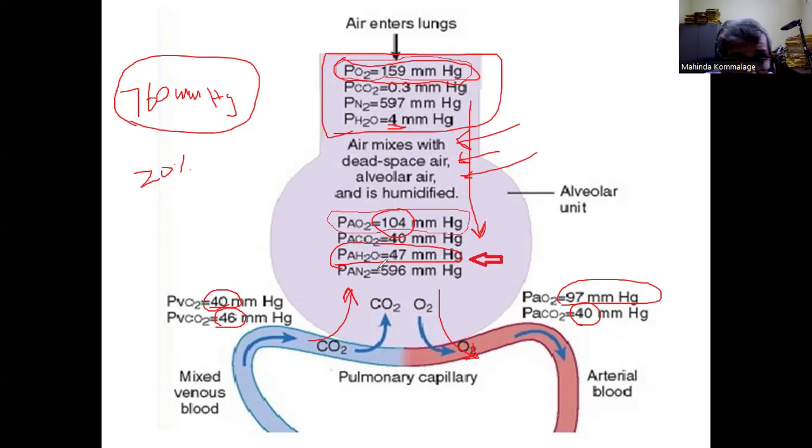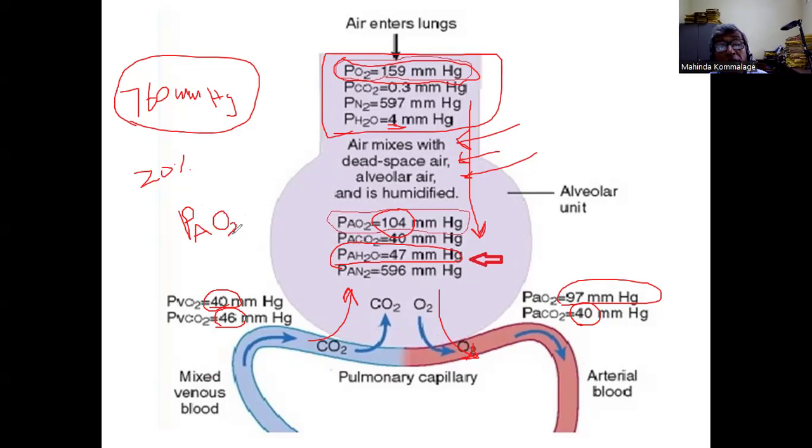Right? So you should have some idea about the partial pressure of oxygen in the alveoli, partial pressure of oxygen in the pulmonary capillary, and finally arterial blood. Right? And I want to highlight a few things. Here we say P capital A O2.